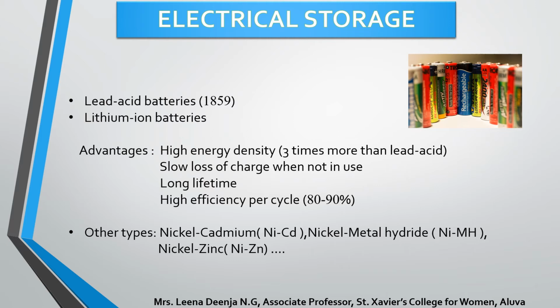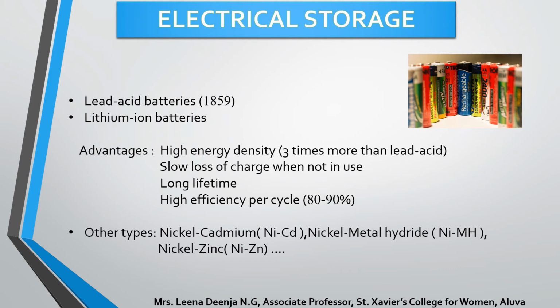The second type is lithium ion batteries. Currently, it is used in electric vehicles and in many electronic devices. High energy density, about 3 times more than lead acid, slow loss of charge when not in use, long lifetime, high efficiency per cycle, etc. are the main advantages of lithium ion batteries.